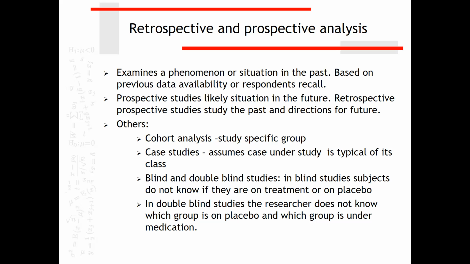Yes, ma'am. Right. So in medicine, there is a set of studies called blind and double blind studies. In blind studies, let's suppose in a ward there are 15 patients. They examine the level of criticality of a disease among the patients.